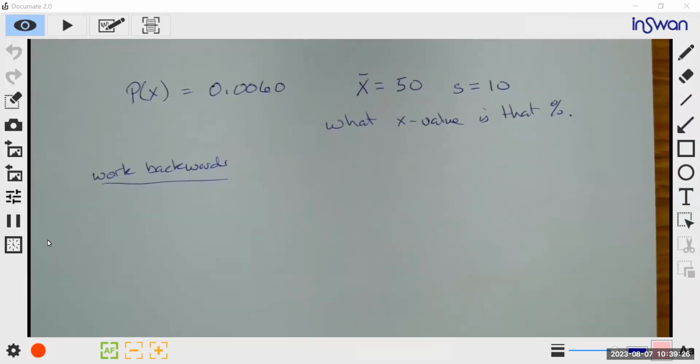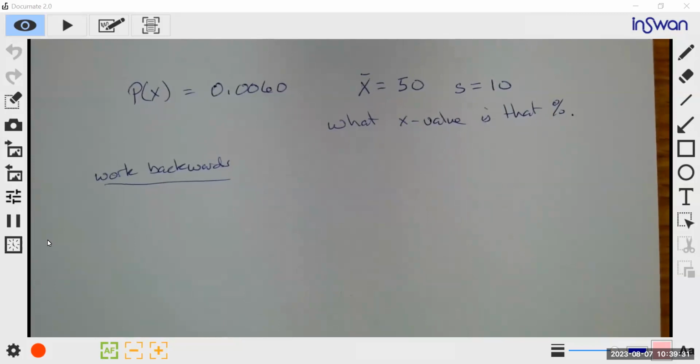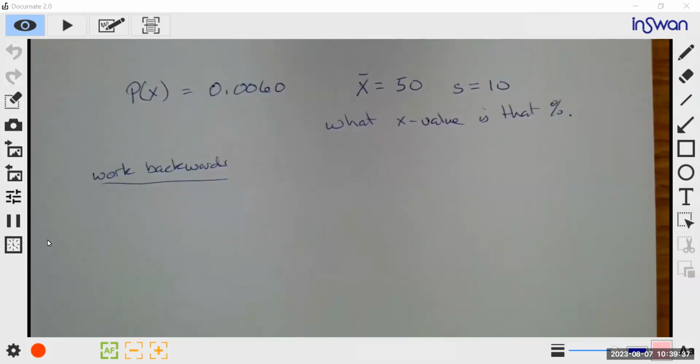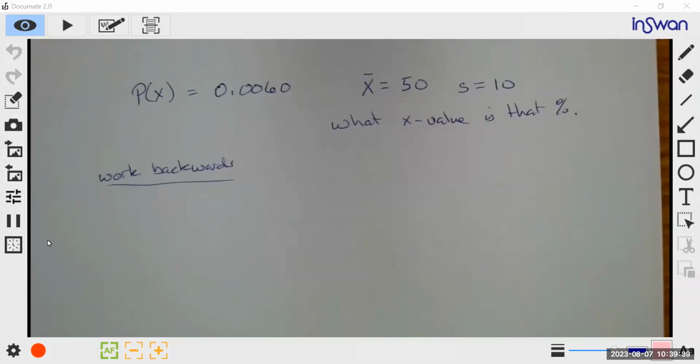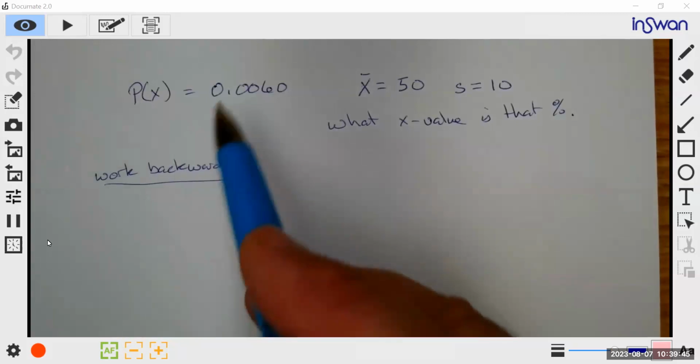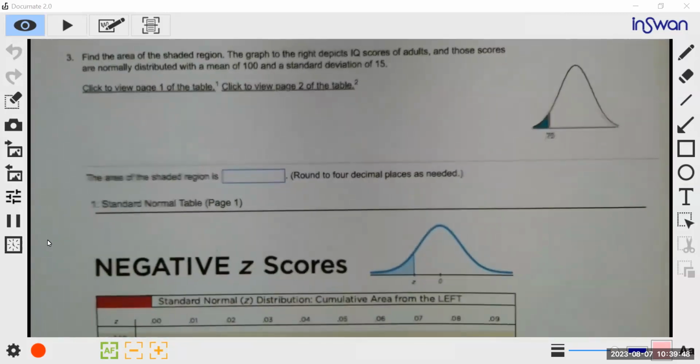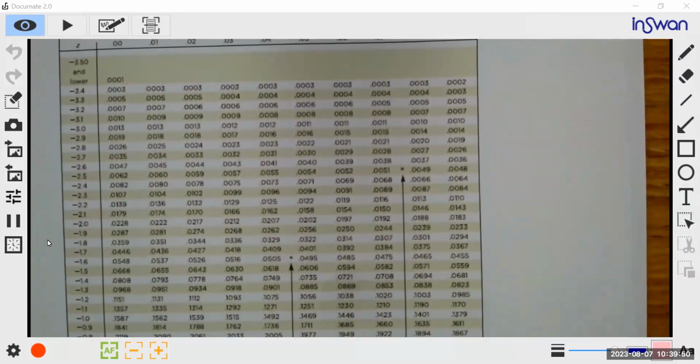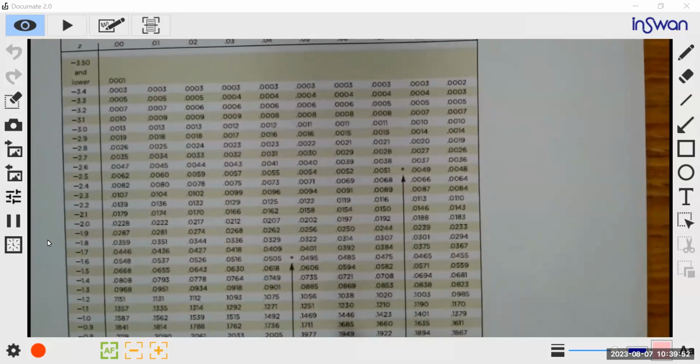But literally, we have to think backwards. In the other way, when I give you all the numbers, you found the probability. What was the last thing we did? We used the chart. So I'm saying I have 0.0063. We take the chart and look everywhere for 0.0063.